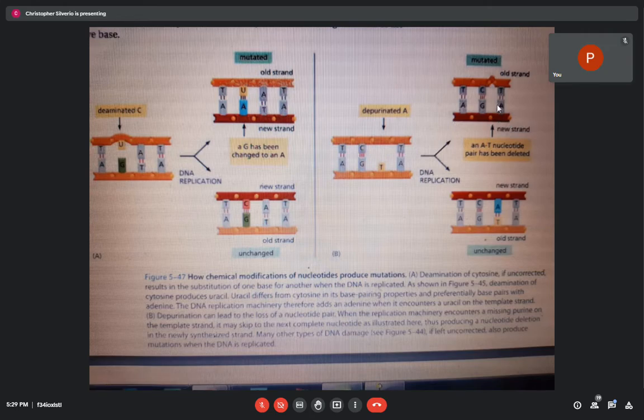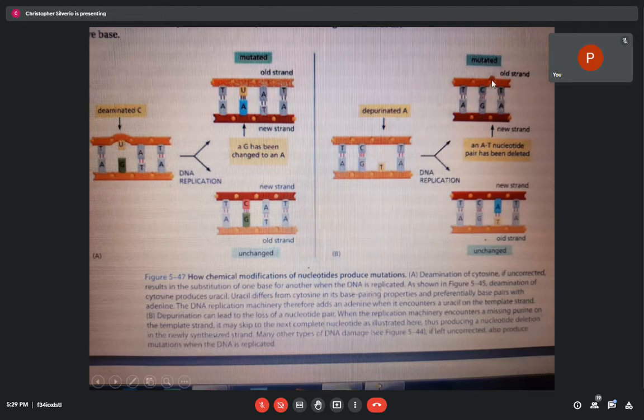And so when the messenger RNA is translated, it will synthesize an abnormal protein.